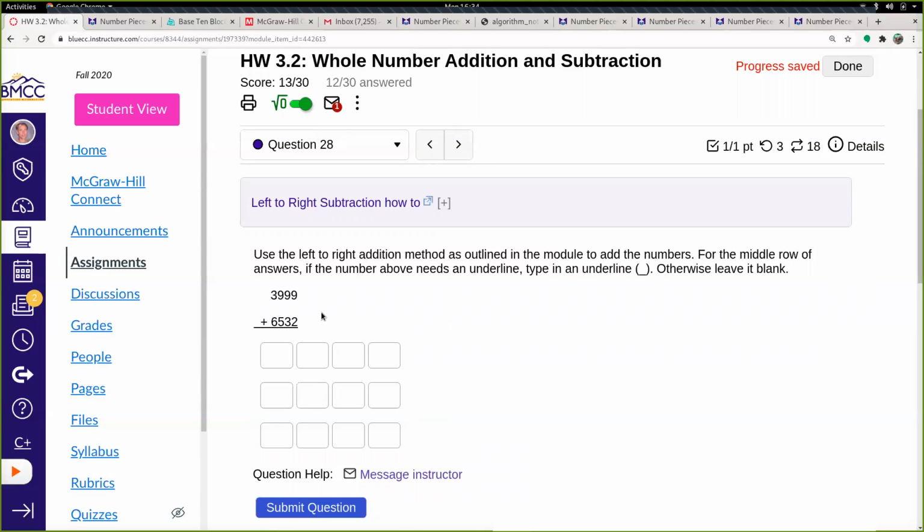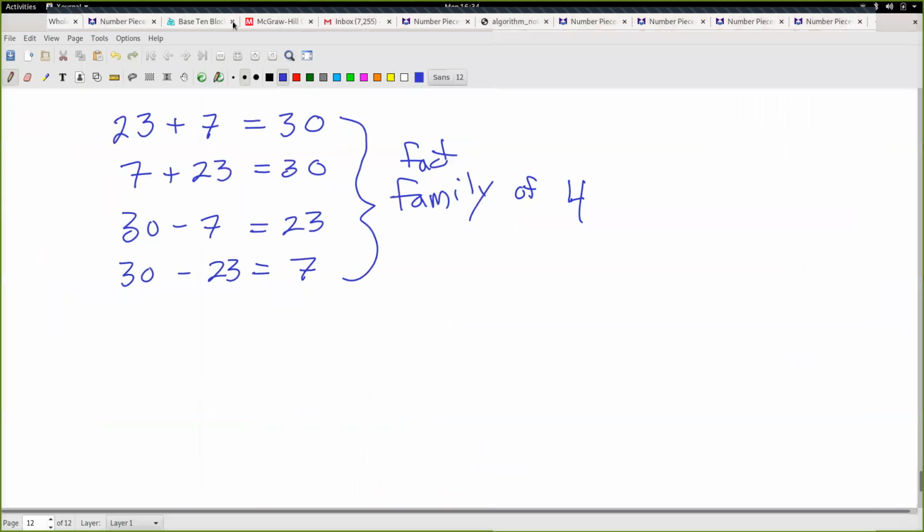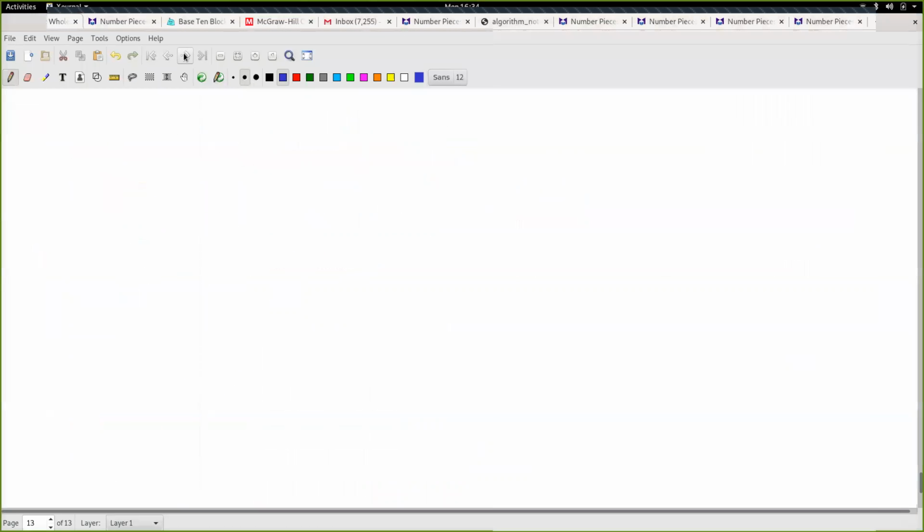So let's see, this is 3999 minus 6532. 3999, 6532. Oh, something's wrong there. I read that wrong.